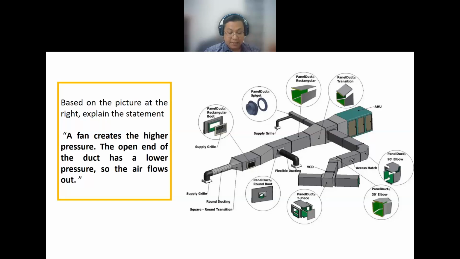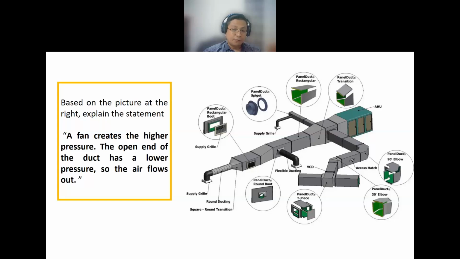We have P as pressure, and then we also have other properties: kinetic energy, and also potential energy. Because of these properties, we can allow flow in the duct system.